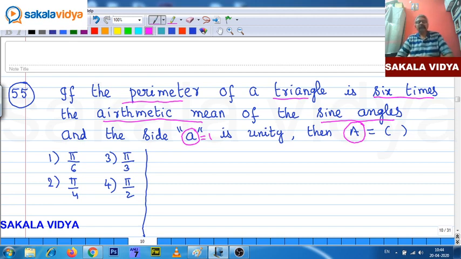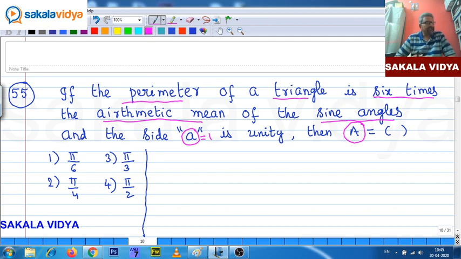So now, the perimeter of a triangle. What is the perimeter of a triangle? Yes, you are correct. a plus b plus c is the perimeter, equal to the arithmetic mean of the sine angles. What are the sine angles?